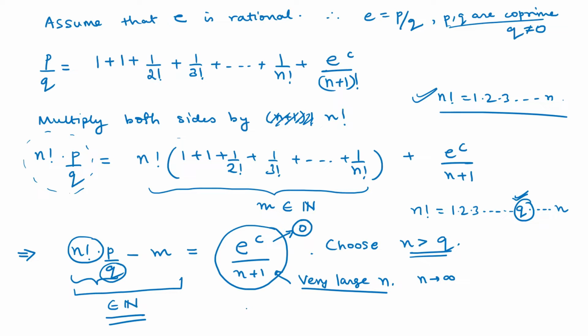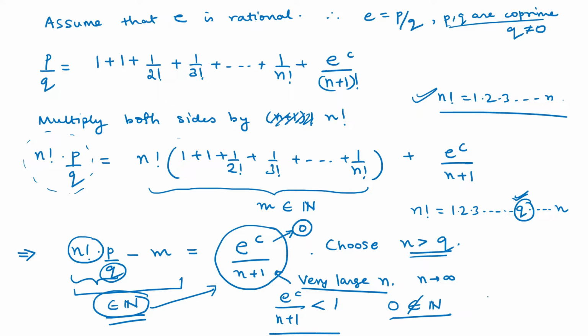But we know that this LHS is always a natural number, but the RHS is tending to 0 as n tends to infinity. So if you don't want to think of it in terms of infinity, just think that if we make n large enough, this e to the power of c by n plus 1 is going to become smaller than 1, and 1 is the smallest natural number. So therefore this cannot hold, because 0 is not a natural number.